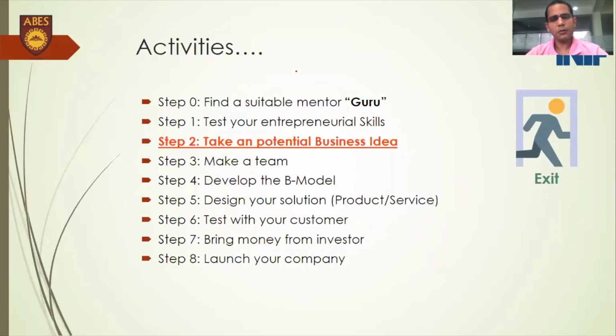Testing your entrepreneurial skill set means: am I ready to be an entrepreneur? Do I have the attitude to be an entrepreneur? Do I have certain competencies which help me to gain and grow in this startup journey? If this is possible, probably you can go for the startup model.